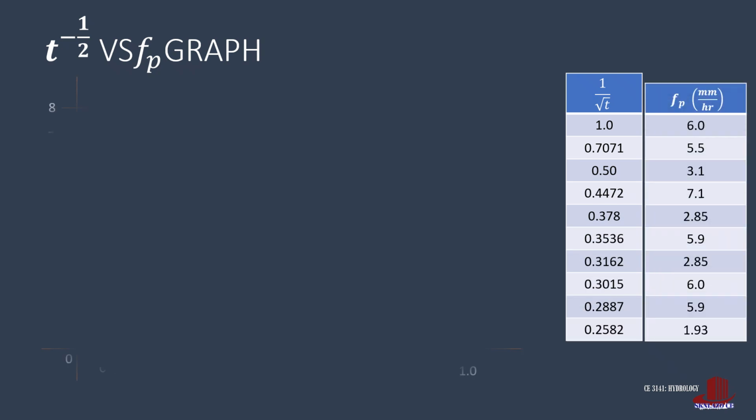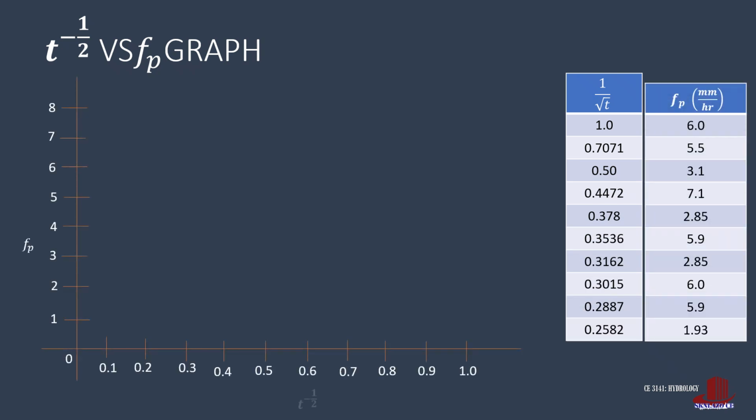Although not necessary, we plot x, which is the reciprocal of the root of t, versus the incremental infiltration capacity, y. The first point is 1 and 6, followed by 0.7071 and 5.5. Then there is 0.5 with 3.1, and also 0.4472 with 7.1. Next are 0.378 and 2.85.